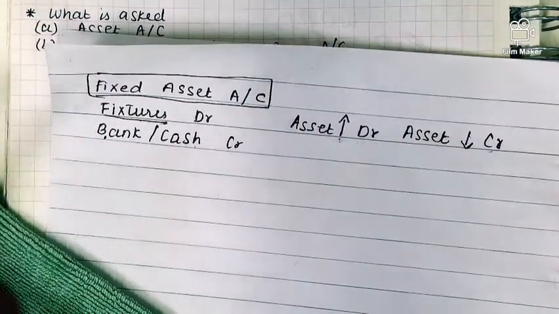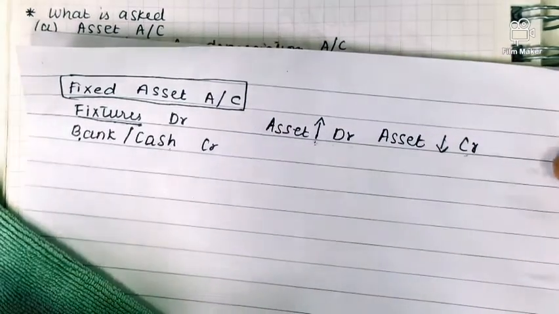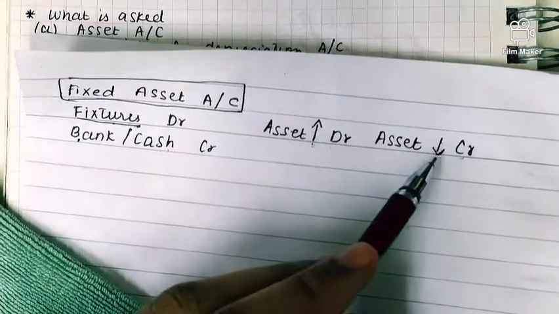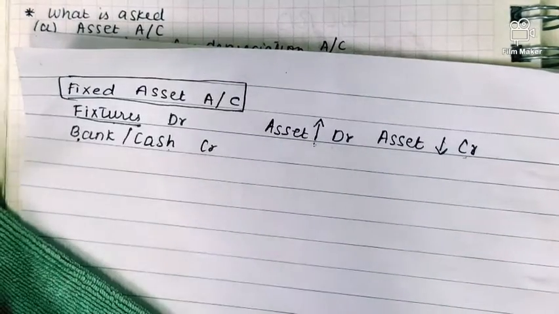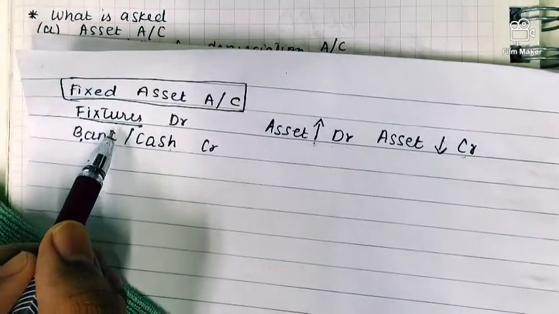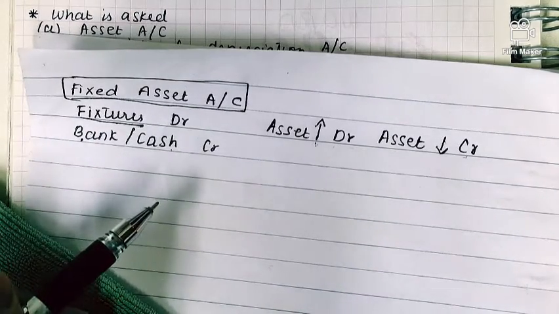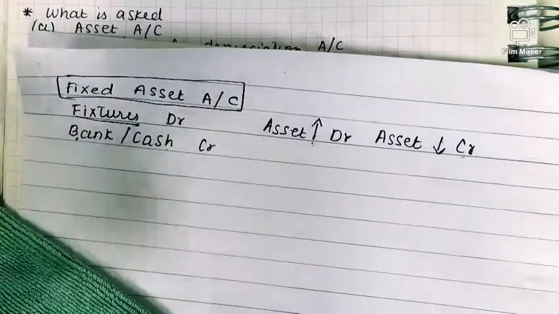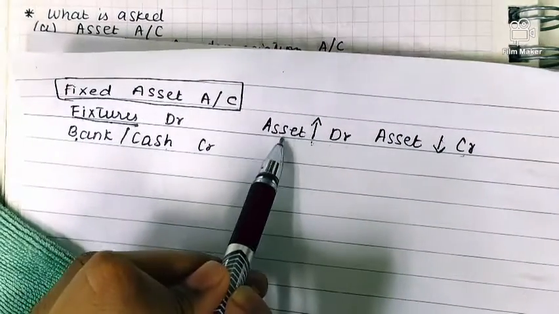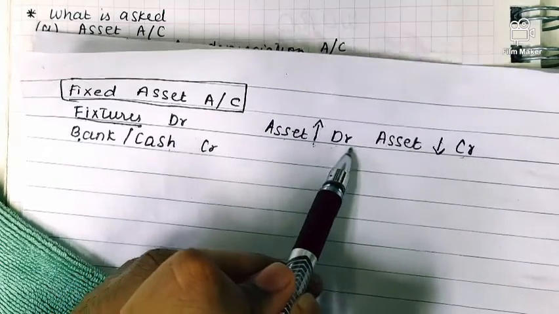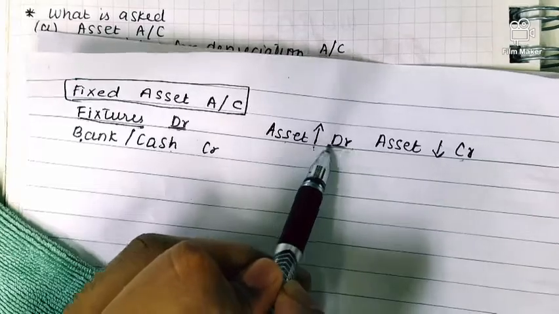Now an easy way to remember is, if something increases, meaning that we are getting it, we are gaining, and if something decreases, it means that we are losing something. So are we gaining or losing the fixtures? We bought it, so we are gaining it. If we were selling it, we would be losing it. So now the fixtures is gain, meaning asset is increasing, so debit. That is how this debit came to be.